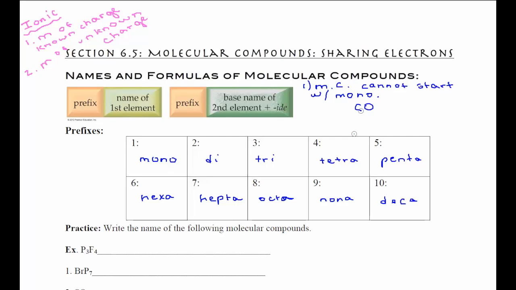It is not, because the name of a molecular compound can't start with mono. So instead, it is just carbon monoxide. If you see an element that starts without any prefix, it's assumed that there's only one of them. The second rule is that you can't have a repetition of vowels.